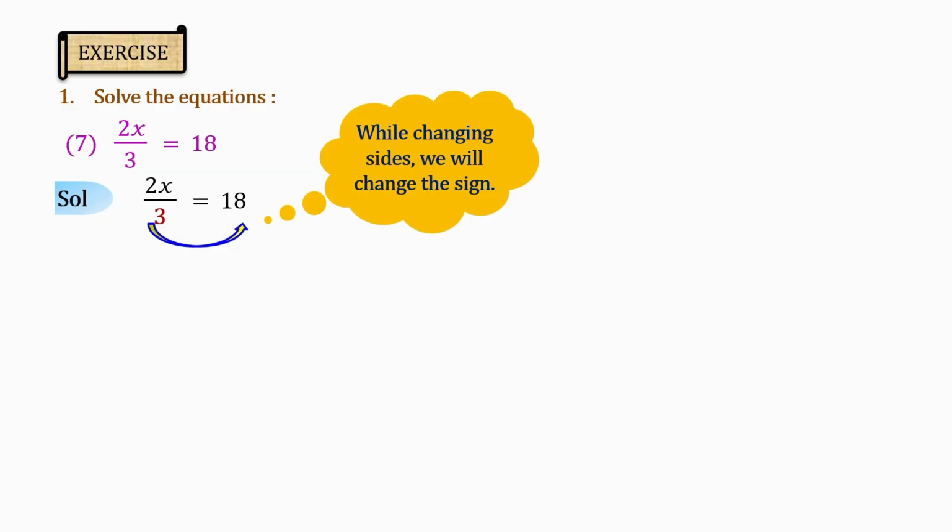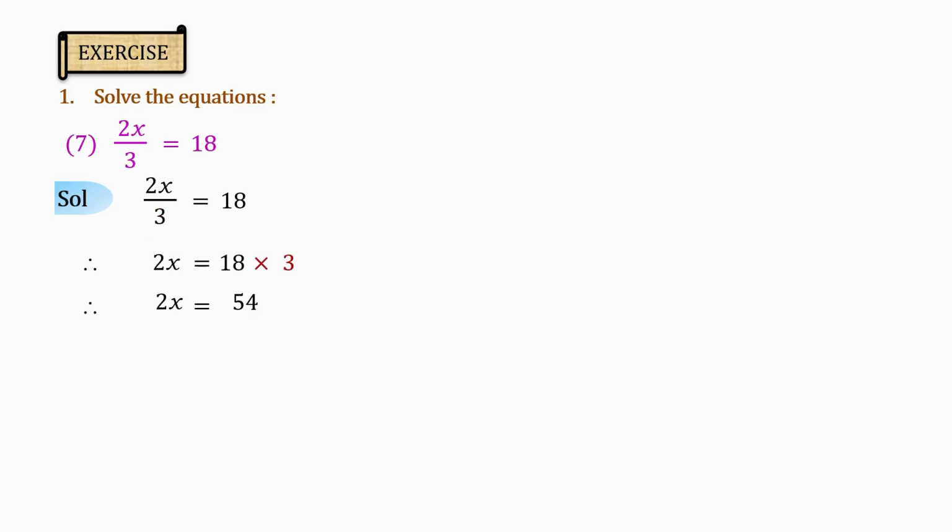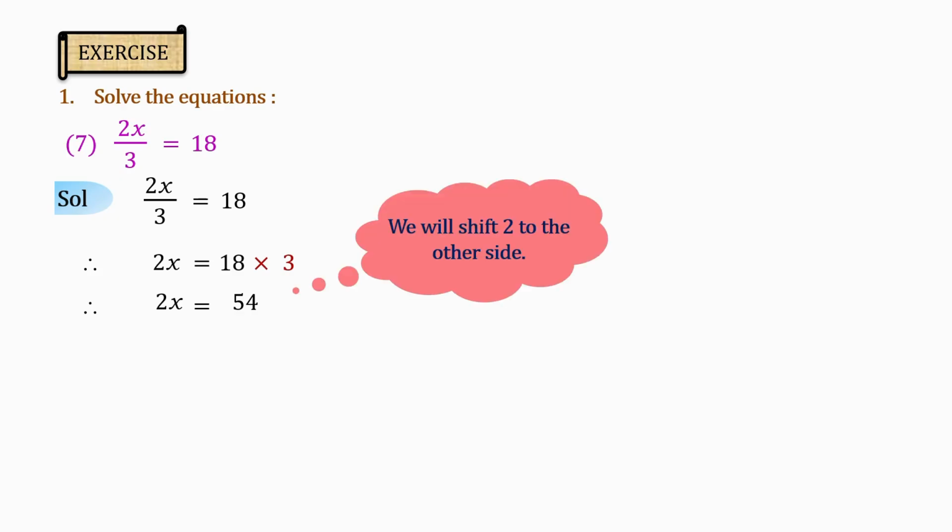We are going to change the side and it will change the sign as well. So 3 is divided over here, so now it will become multiplied on the other side. Which comes 2x equal to 54.